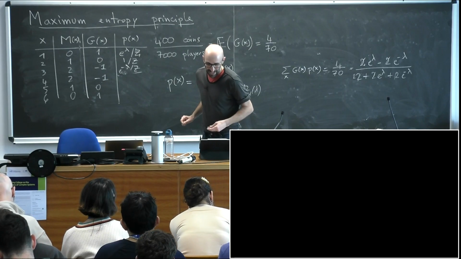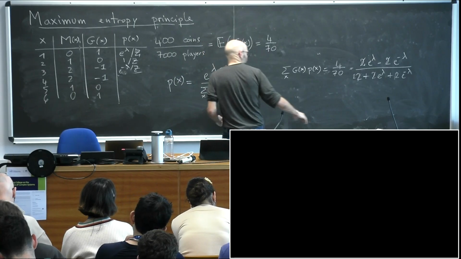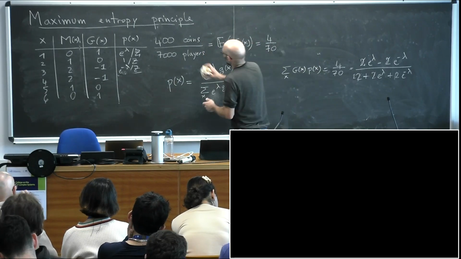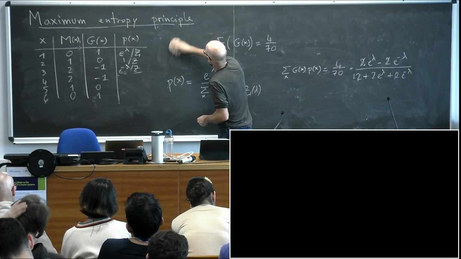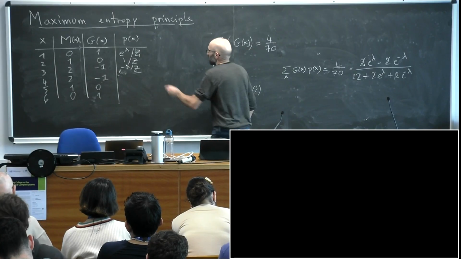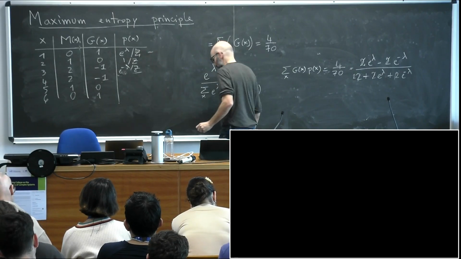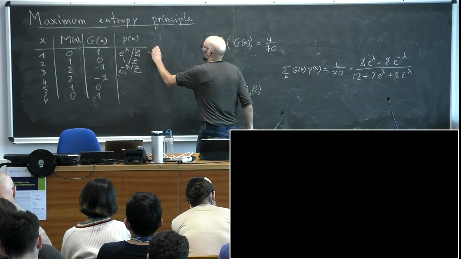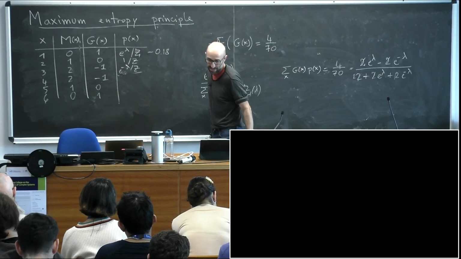is that in the end, the probabilities are the following. Here you get something like 0.18.